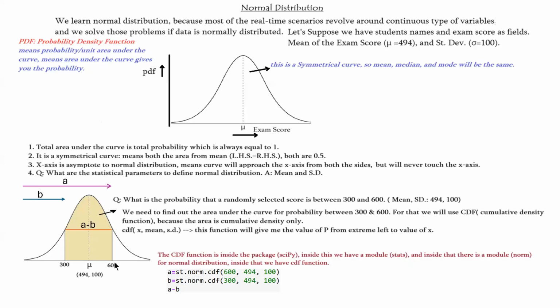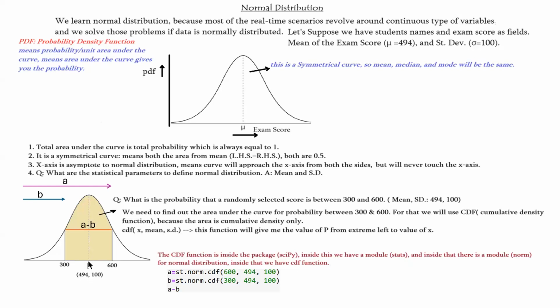Now, the question is, what is the probability that a randomly selected score is between 300 and 600? What it means is, if I pick any of the students and check his or her score, what is the probability that the score will lie between 300 and 600?